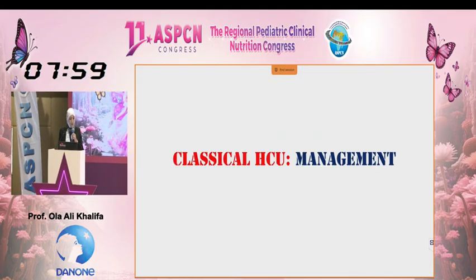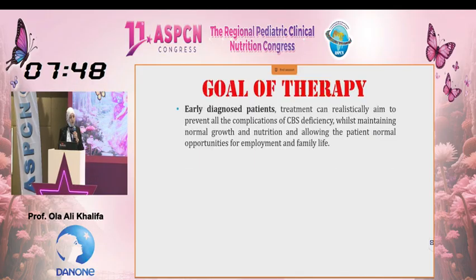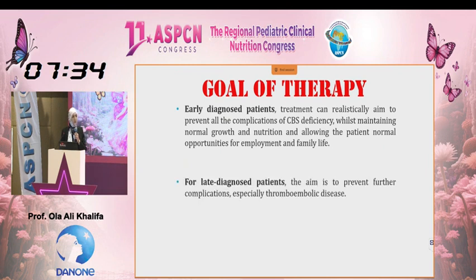What about classical homocystinuria management? Actually, I'll put just 2 slides for the current management, and then I'll focus on the emerging therapies. The goal of therapy for newly diagnosed patients is that I have to start quickly and early to guard this patient and help prevent complications, but at the same time, I have to allow the patient to have normal growth and development, and this is a great role for the metabolic dietitian.